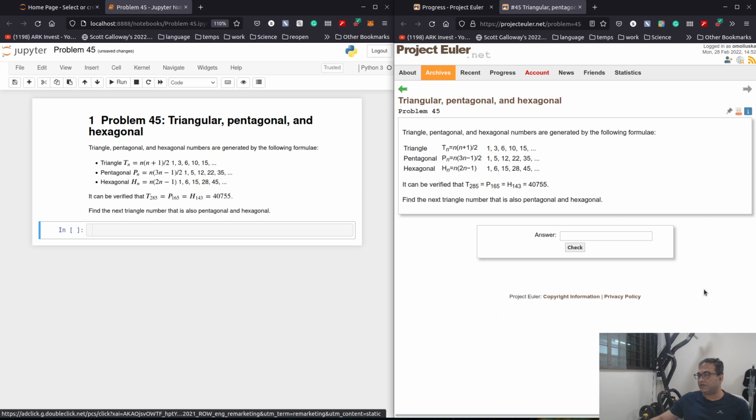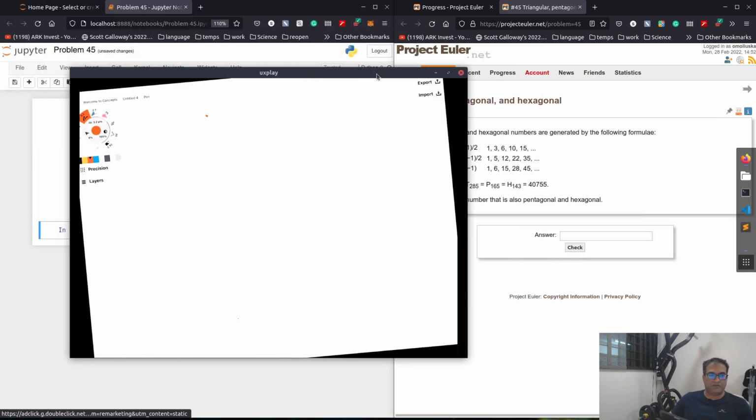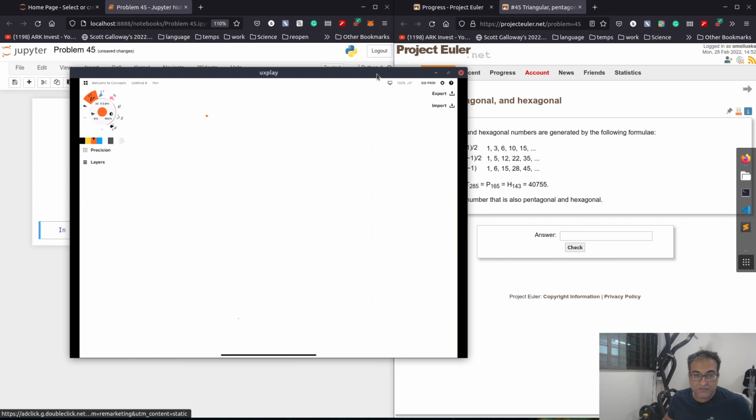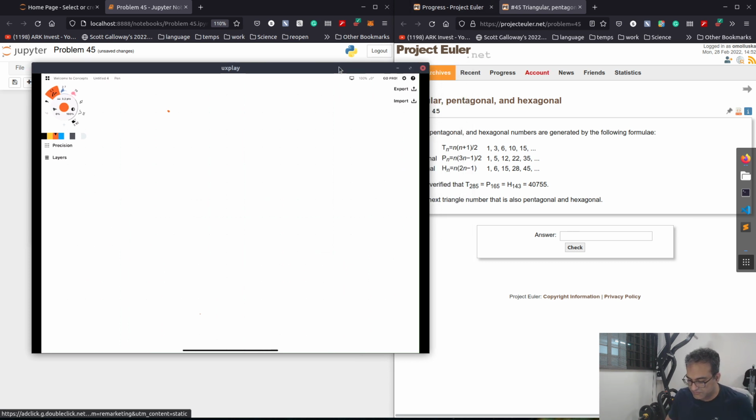Let me bring the iPad over here. Okay, so we have these triangular numbers, Tn equals n into n plus 1 by 2.